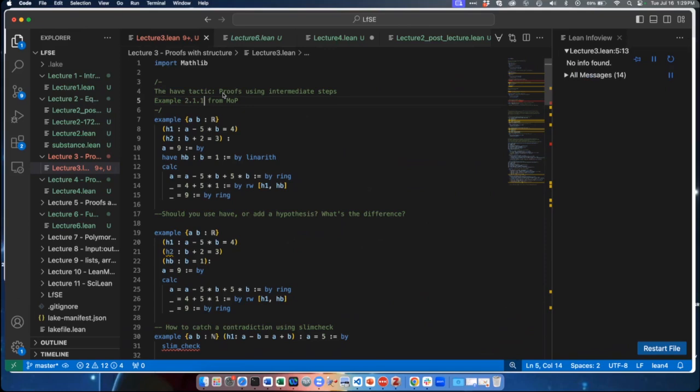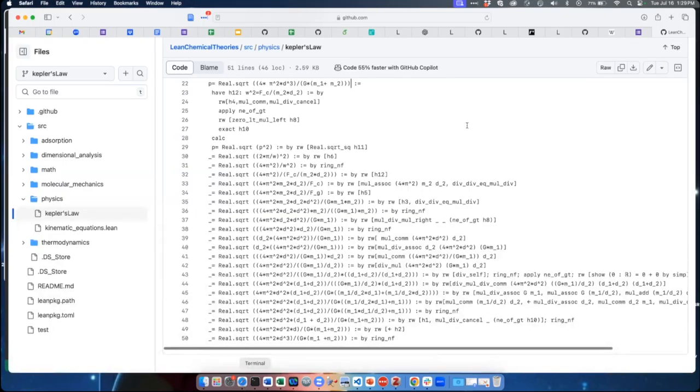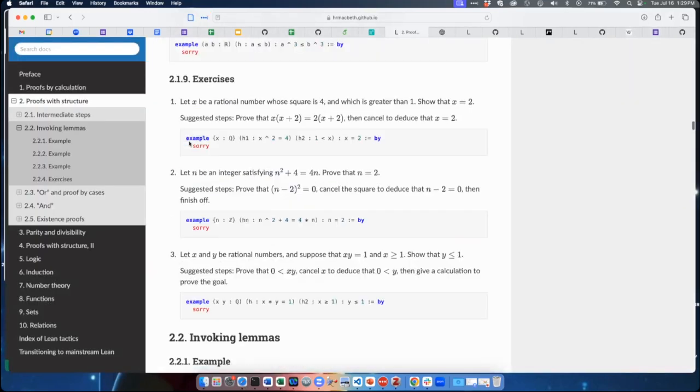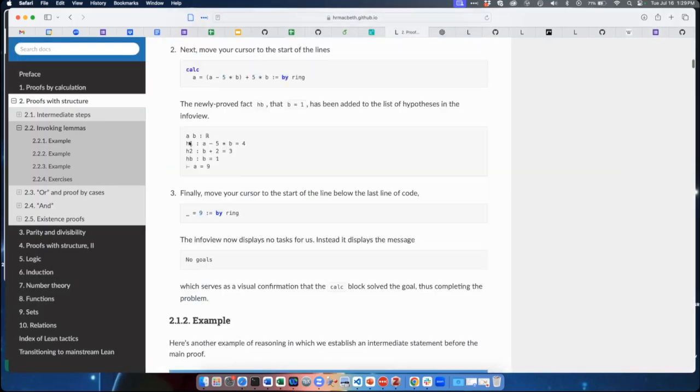So the first is introducing the have tactic. This is proofs using intermediate steps, example 2.1.1 from Mechanics of Proof. I will pull out this example in Mechanics of Proof briefly here.